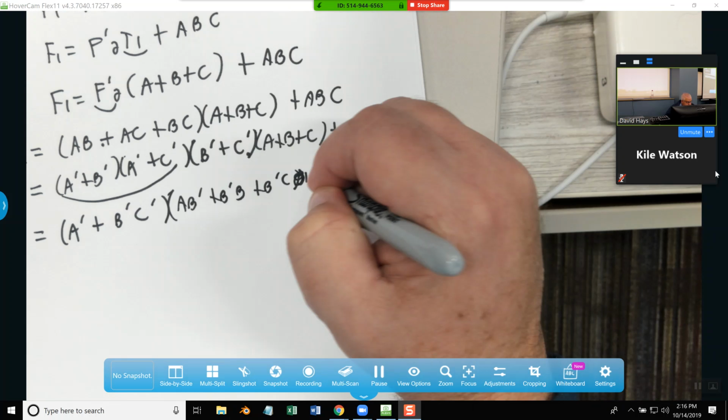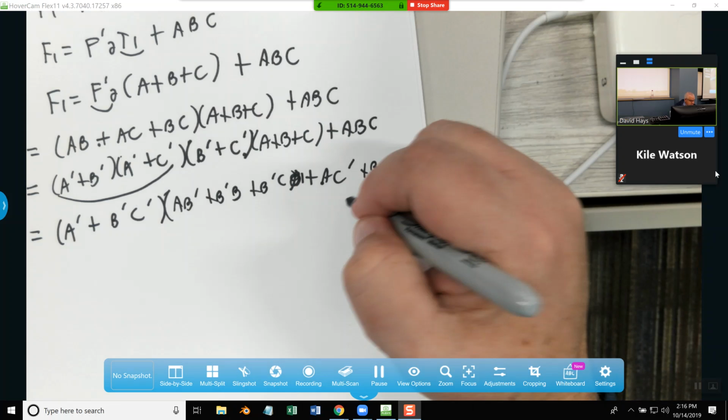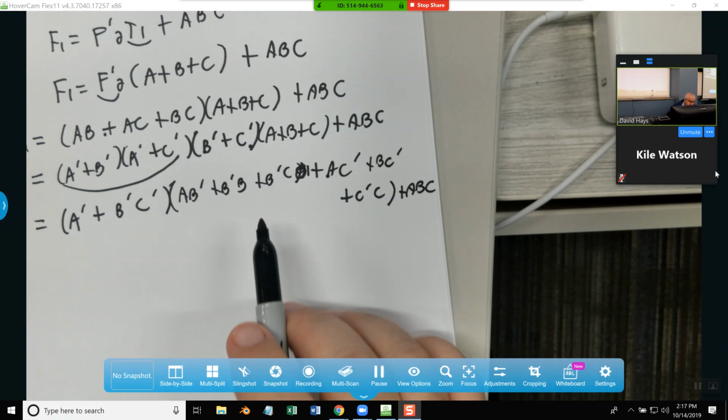Now we got B prime and B. This is on page 47. This is going to equal 0. And this is going to equal 0 from postulate 5b.